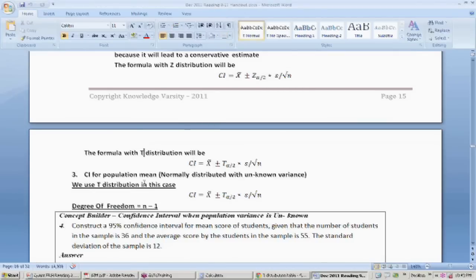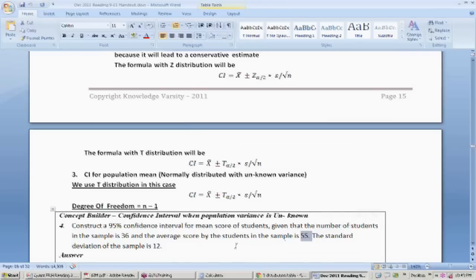So you want a 95% confidence interval for the average score of the students. The number of students in the sample is 36. The standard deviation of the population is not given, it is given for the sample. The population variance is not known to you. The average score is 55.